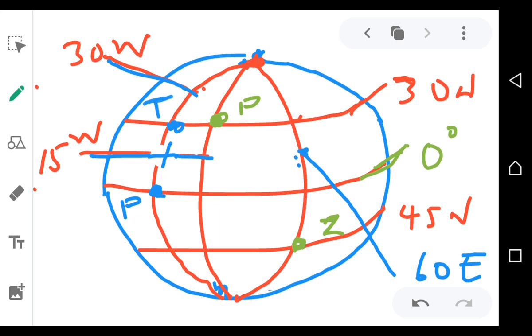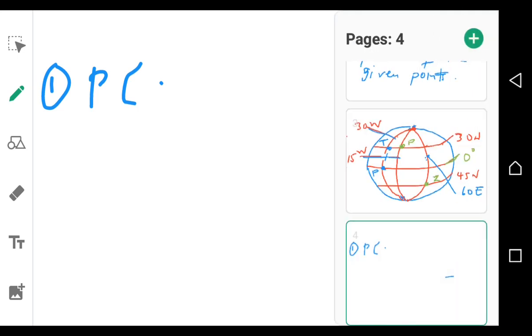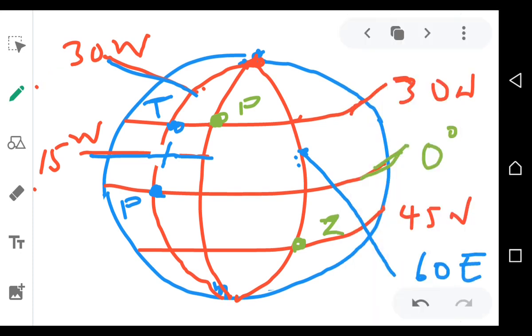Okay, so finding these positions, we start with position P. We always put X and Y coordinate, you remember? X coordinate, then Y coordinate. So question 1 is the position of P. On the X axis, what is there? You see X axis is this direction. It's 30N.